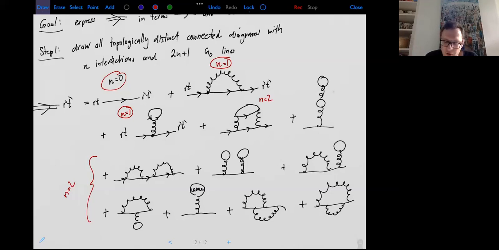I mean, we know that in certain situations, some of these diagrams are more important than others, right? And people have over the years built up an intuition that, for example, in the high density electron gas, there's a subset of these diagrams which is particularly important, and similarly in the low density electron gas, there's another subset of diagrams that are particularly important.